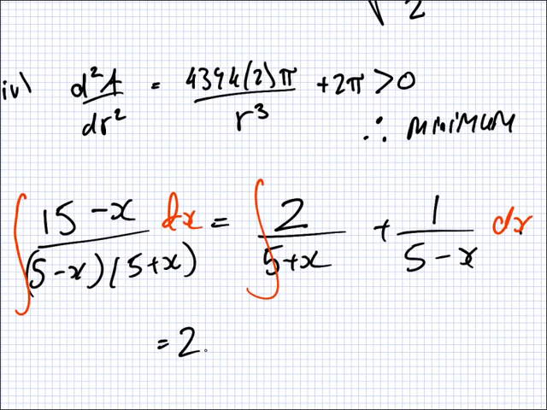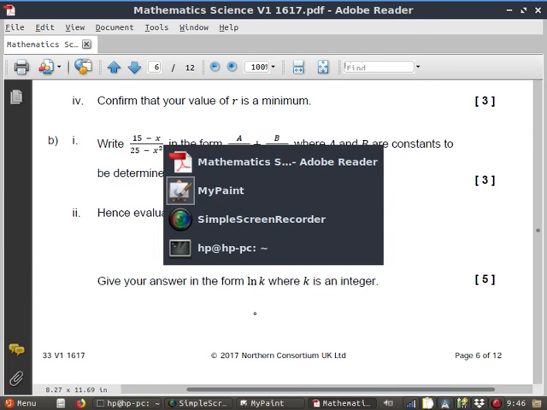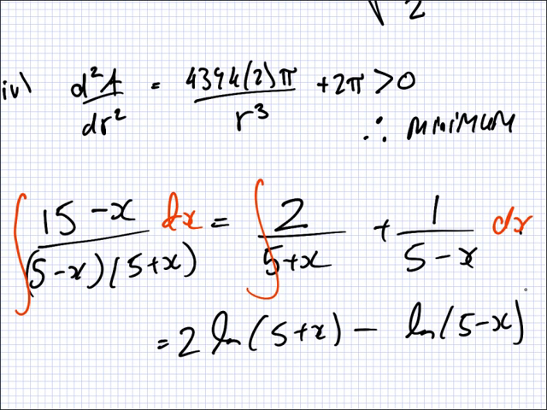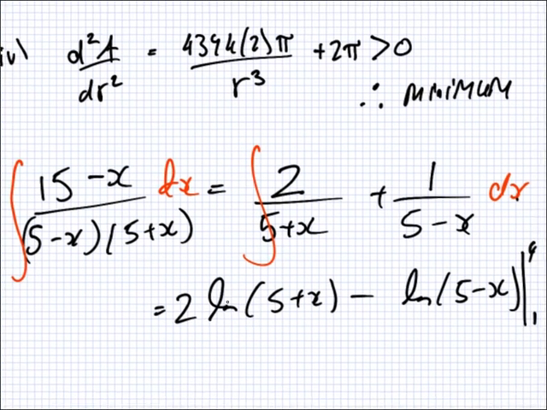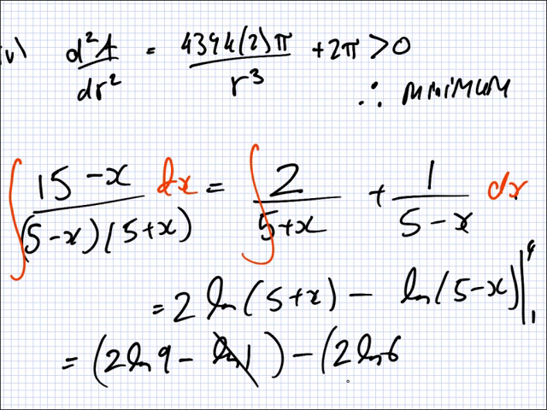So this becomes 2 log (5 plus x) minus log (5 minus x), from 1 to 4. So that's 2 log 9 minus log 1 minus 2 log 6 minus log 4.